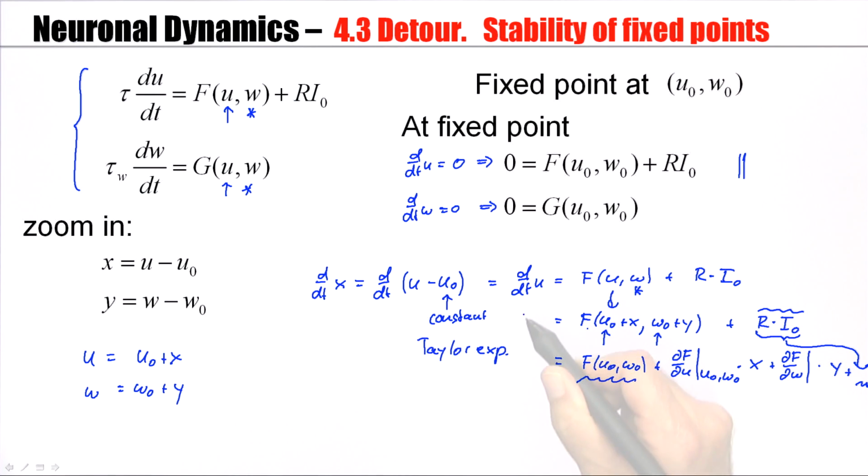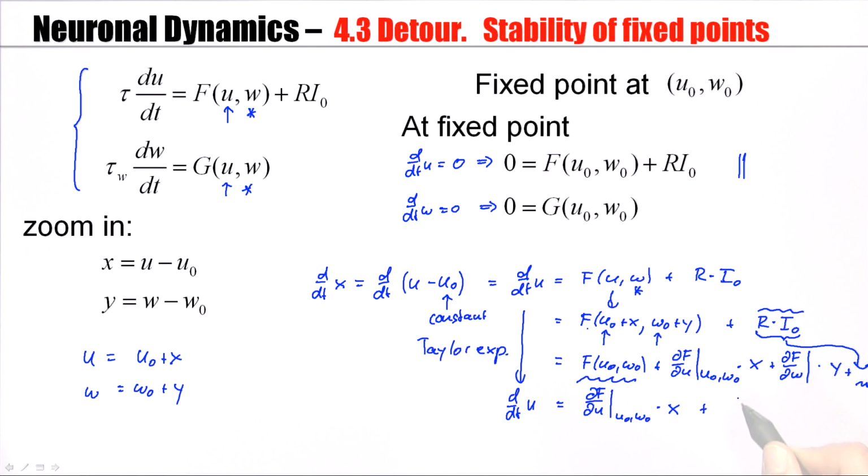So I have d dt u equals df du evaluated at u0, w0 times x plus df dw evaluated at u0, w0 times y.